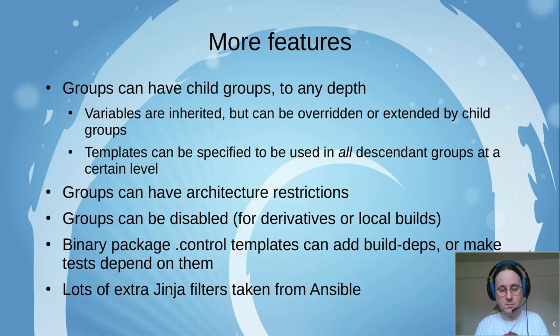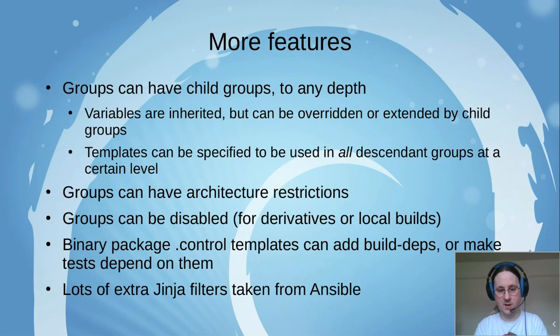A control template for a binary package can specify build dependencies that only apply if that binary package is being built, and then those will be moved to the source control paragraph, qualified by the architecture and build profiles for that binary package.